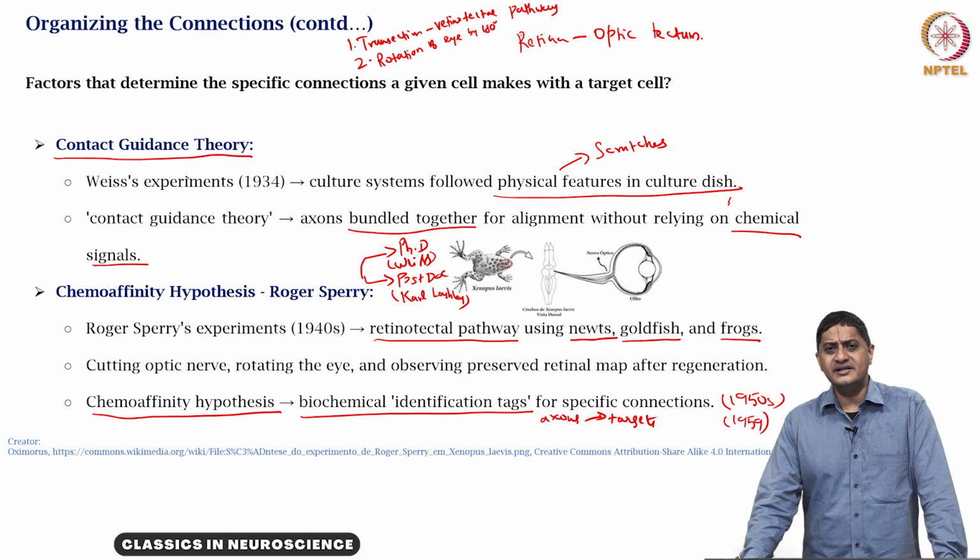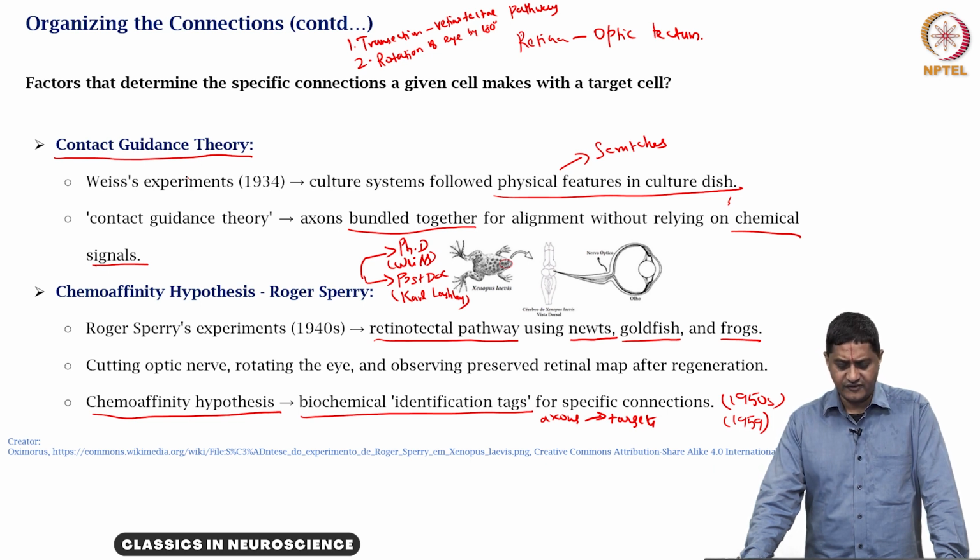So, these ideas of chemoaffinity essentially challenged the original theories of Paul Weiss and Karl Lashley, who were Roger Sperry's advisors in PhD and postdoc.